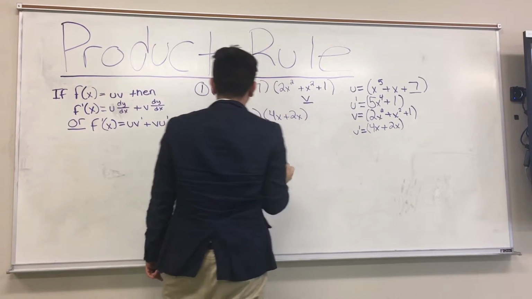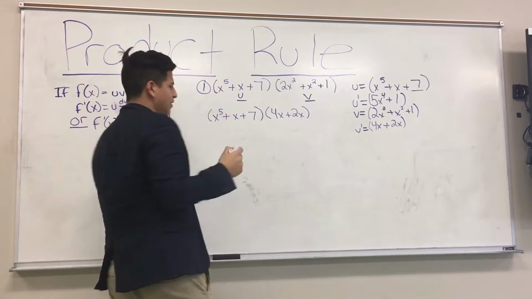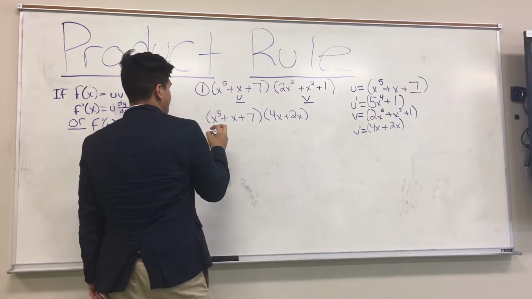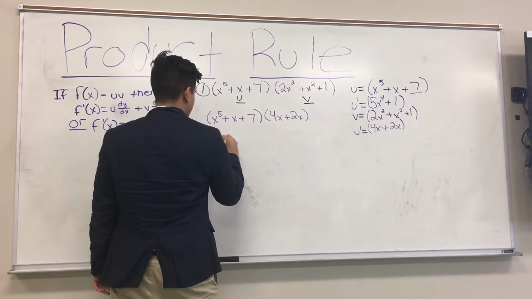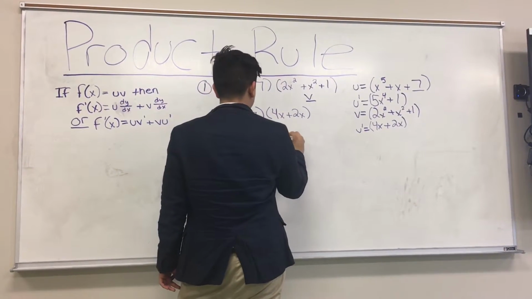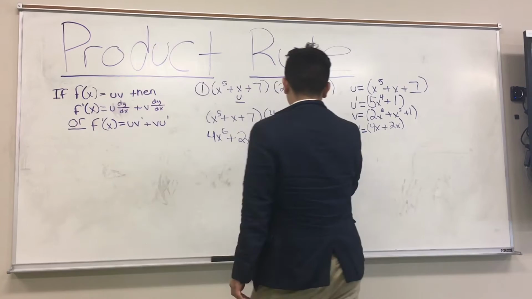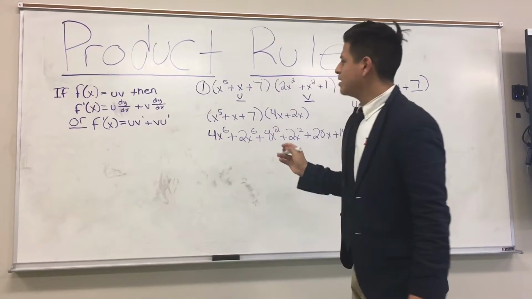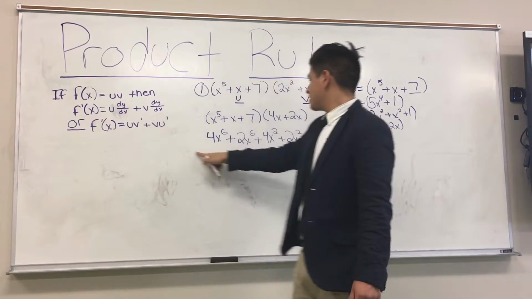And then what you're going to want to do is FOIL it, so multiply the two variables together. So this is what uv prime is.